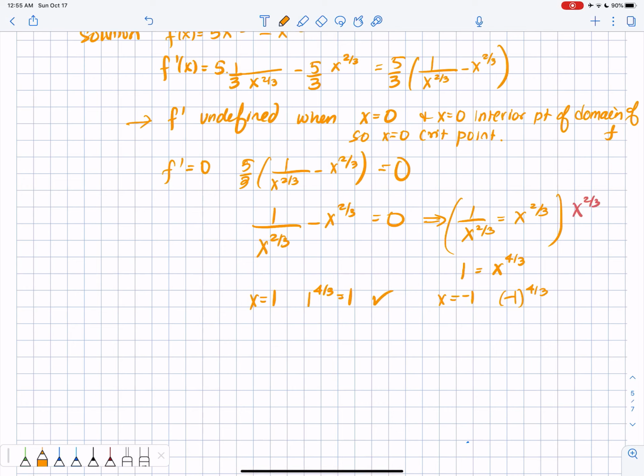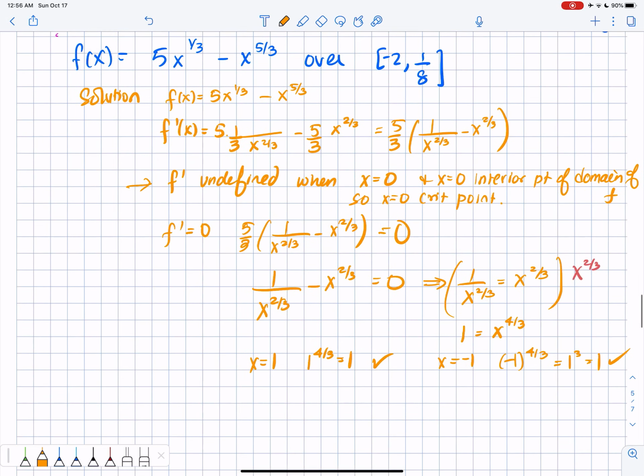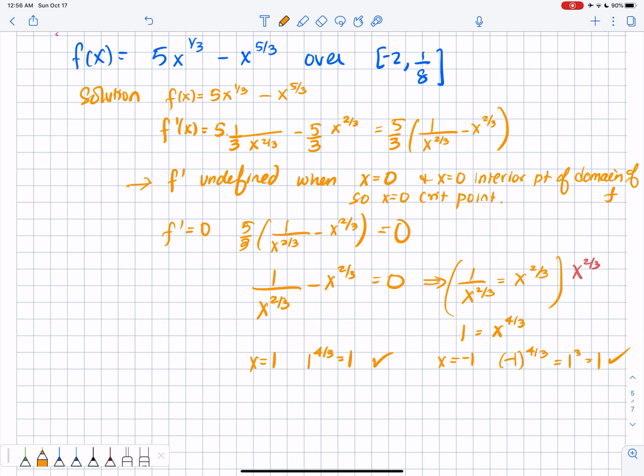Raise it to 4 and you'll have 1 cubed, and that's just 1, so that works. Okay, and are 1 and negative 1 parts of the domain of f? No, 1 isn't, so this is out of domain because we're only looking at negative 2 to 1/8, and x equals negative 1 works.